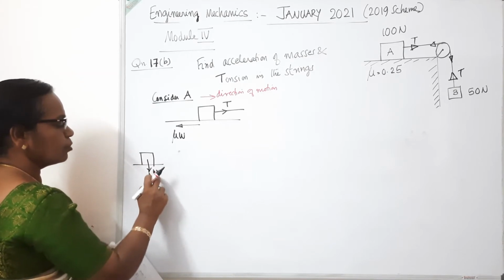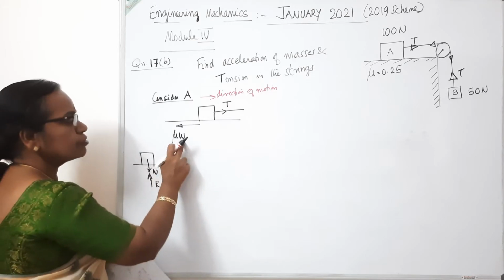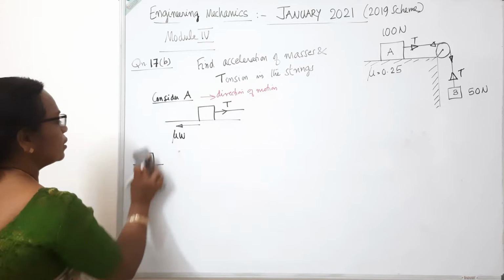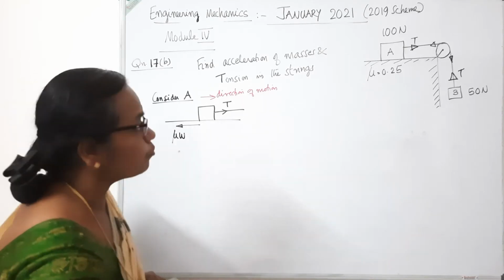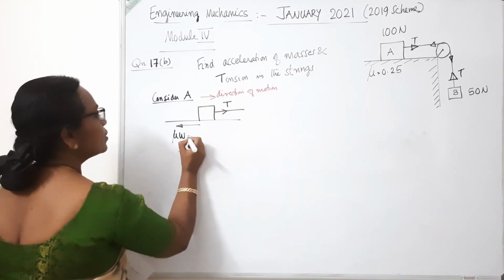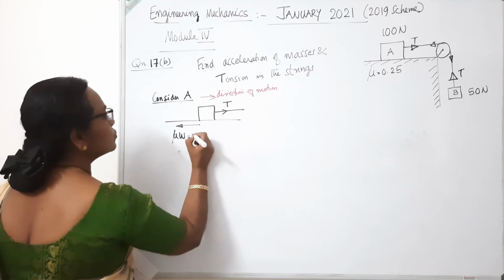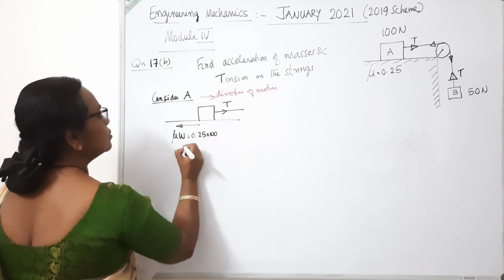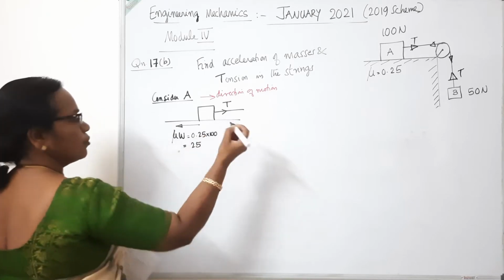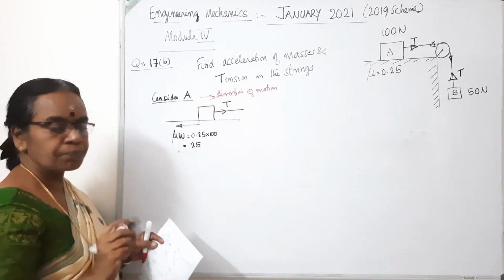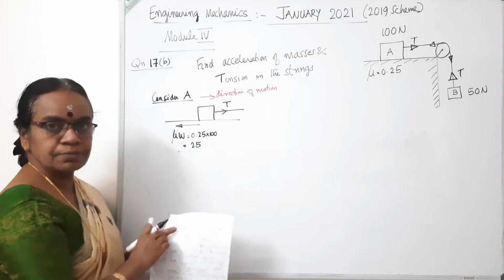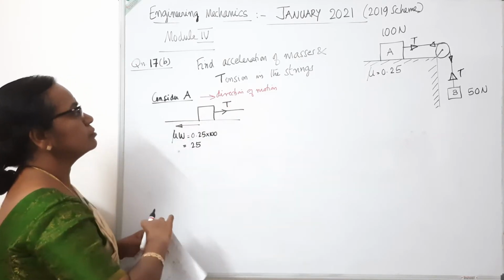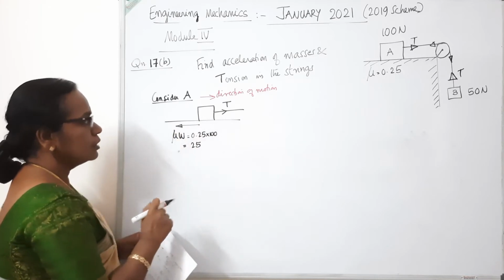Considering vertical equilibrium, W will be equal to R, and frictional force mu R is equal to mu W. With mu equal to 0.25 and W equal to 100, this is 0.25 into 100, equal to 25. The frictional force acts opposite to the direction of motion. So these are the two external forces in the horizontal direction: tension along right, frictional force along left.